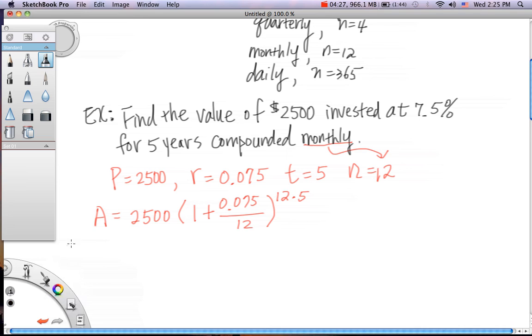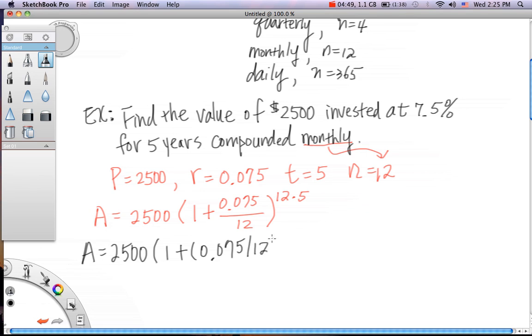So let's talk a little bit about that, because the calculator will follow the order of operations that you put in. So for example, in this case, you want this to be calculated separately before you add 1 to it. So you should put parentheses around this part.